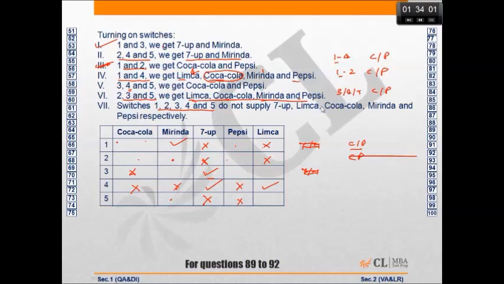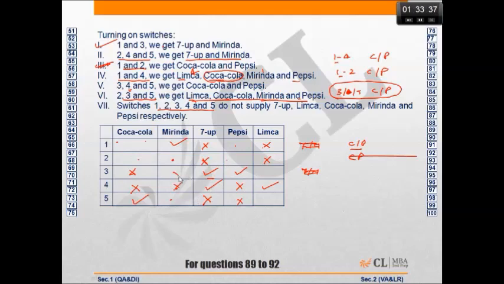So 3 and 5, one will give Coke and one will give Pepsi. Since Pepsi cannot come from 5, it will have to come from 3. And that means Coke will have to come from 5.